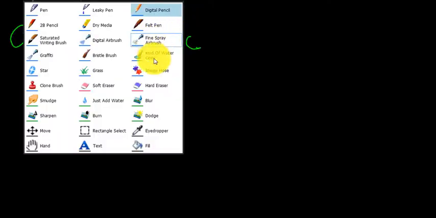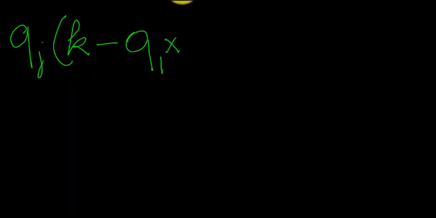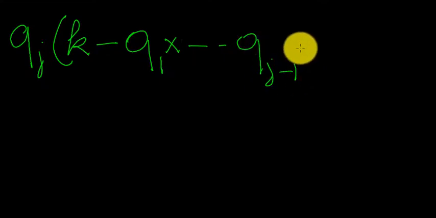So basically, if we factorize by Qj, we'll have k minus the product of Q1 until Qj minus 1 times, well, we'll not take here Qj because Qj is already on the outside.